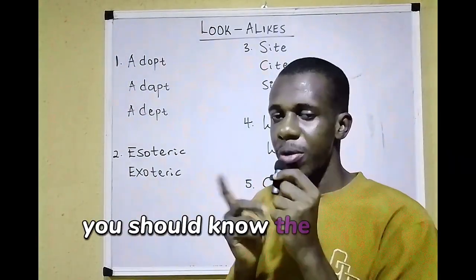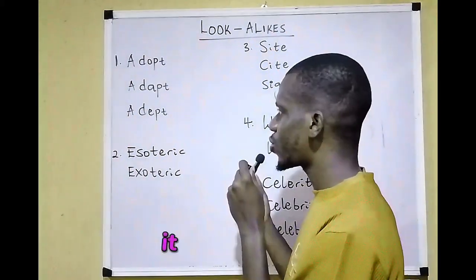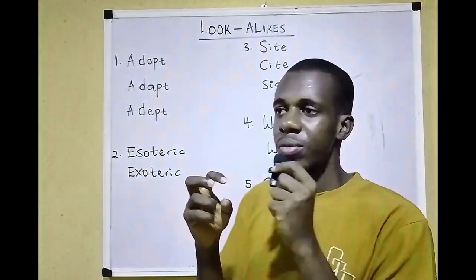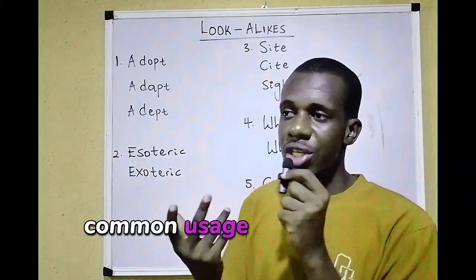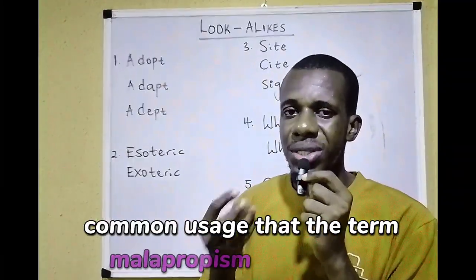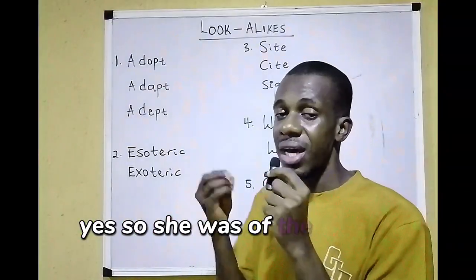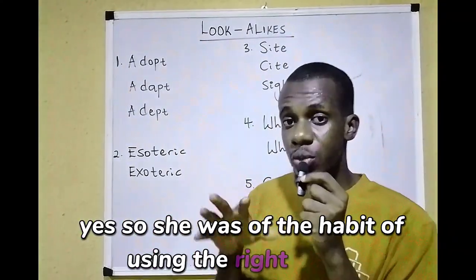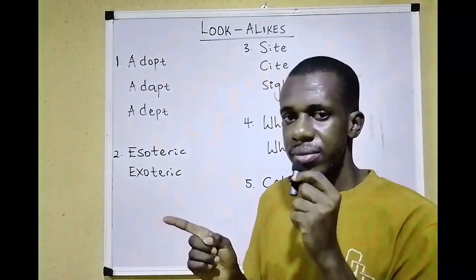You should know the popular literary figure Miss Malaprop. It was from her common usage that the term malapropism was coined. She was in the habit of using the right words because they exist, but in the wrong place.